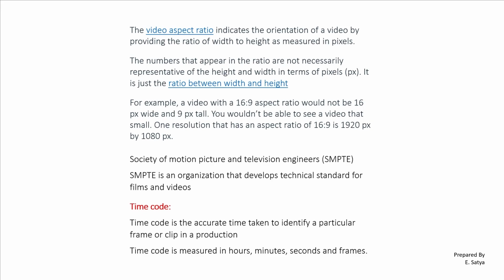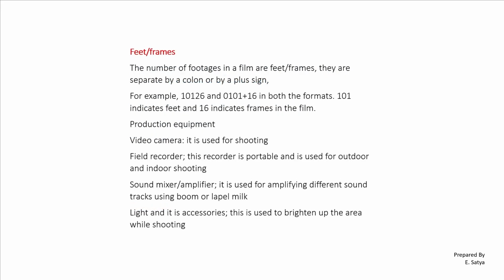Time code is measured in hours, minutes, seconds and frames. Then feet and frames: the number of footages in a film or animation film, generally we measure in feet and frames.